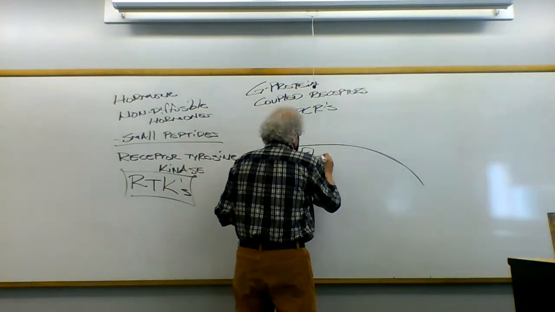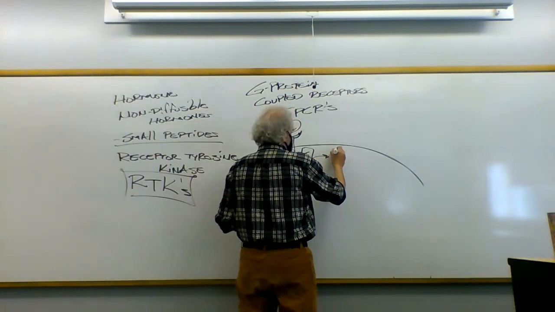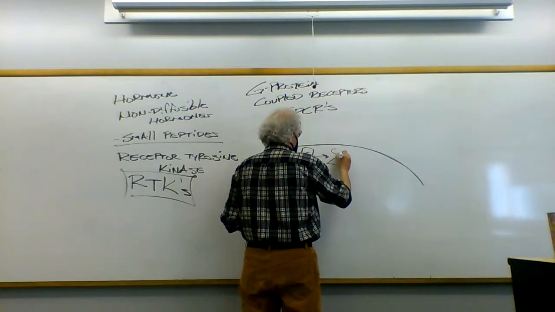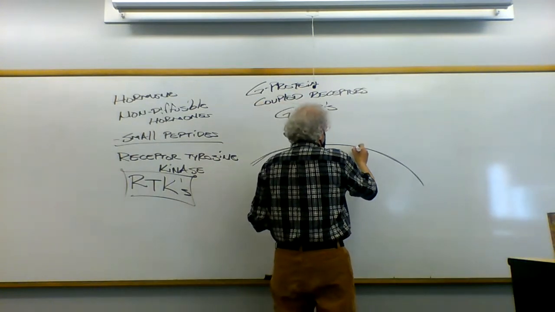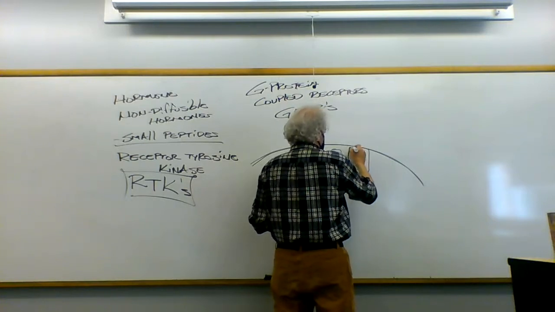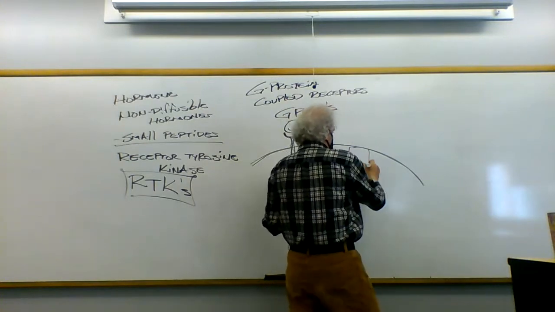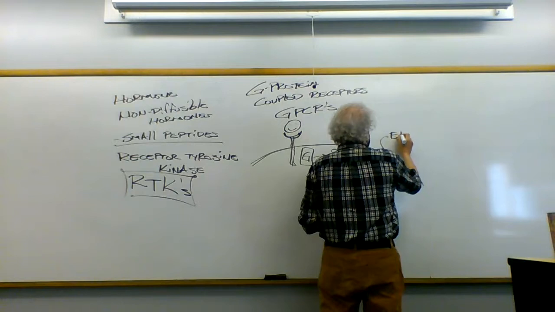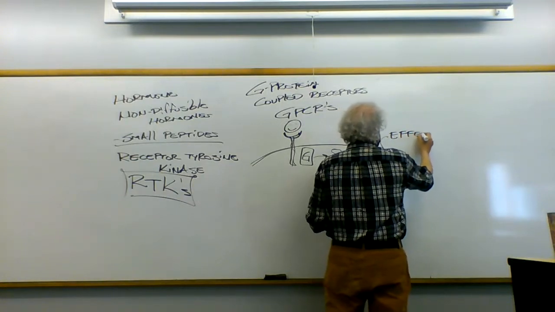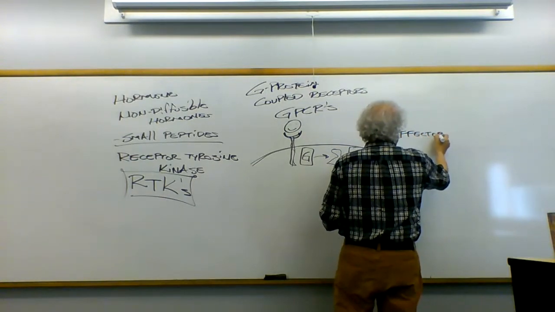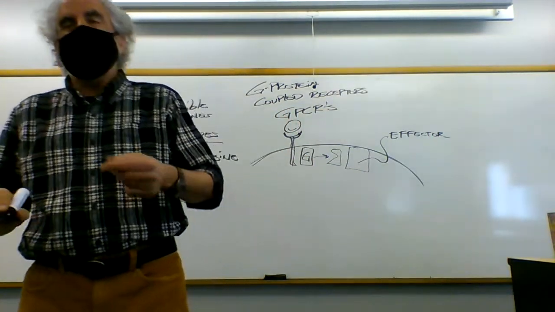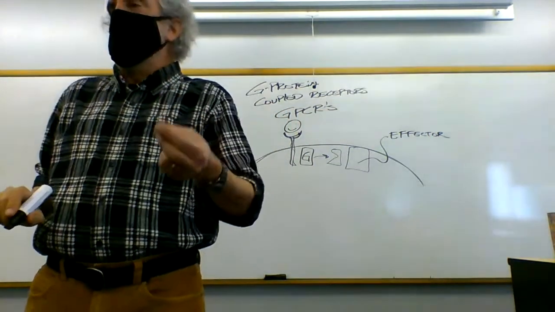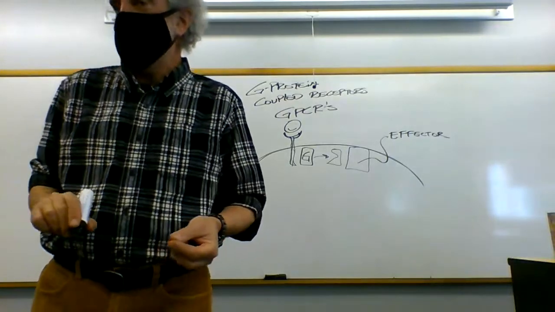And a portion of the G protein is now going to come over here and interact with another box that we will call the effector. The effector is actually doing the actual cytoplasmic signaling.